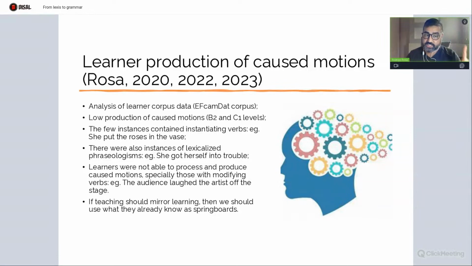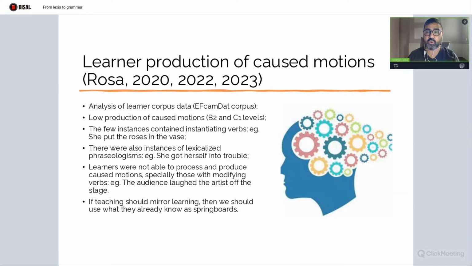Okay? So if teaching should mirror learning, that's what I believe in, then we should use what they already know as springboards. This is a motto, right? So we have to start and make use of what they already know in order to build on this knowledge, right? To construct new types of knowledge.